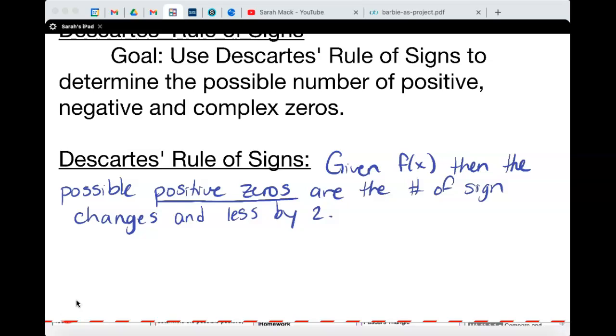The negative zeros work the exact same way. I'm not going to write the whole thing, but you find the number of negative zeros from the sign changes of f of negative x.